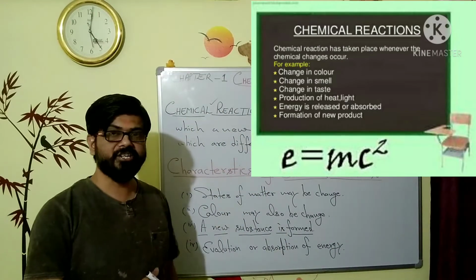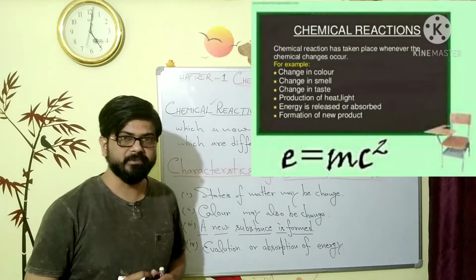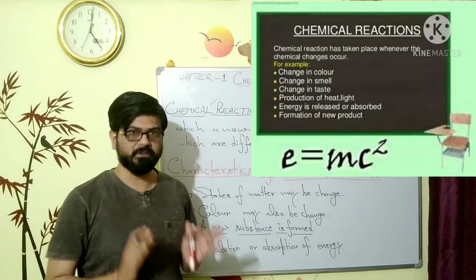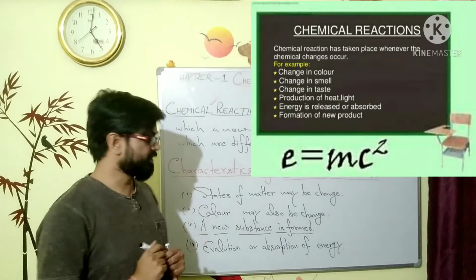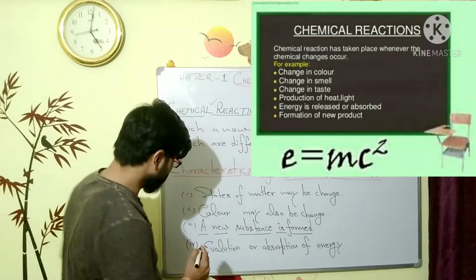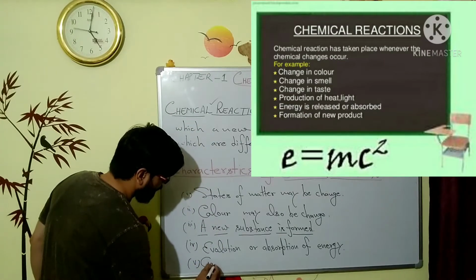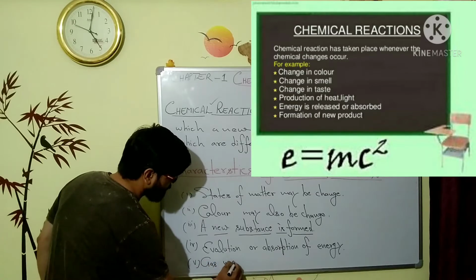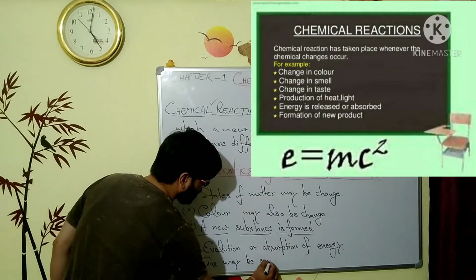During a chemical change, either energy is evolved or energy is absorbed. That is one specific identity of a chemical change. Another identity of a chemical change, my dear students, is that during a chemical change, gas may be evolved.